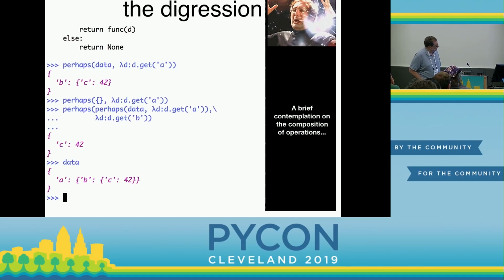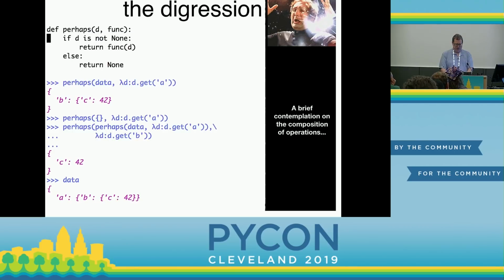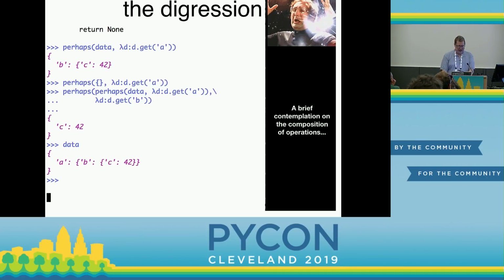I'm doing this crazy kind of function where you give me a piece of data and a function, and I'll only call the function if the data looks good. If I can move forward, I'll try calling the function. And so you could start chaining this stuff up.